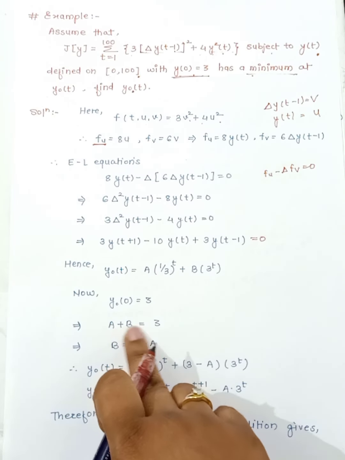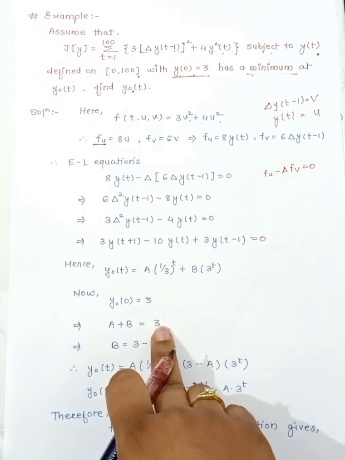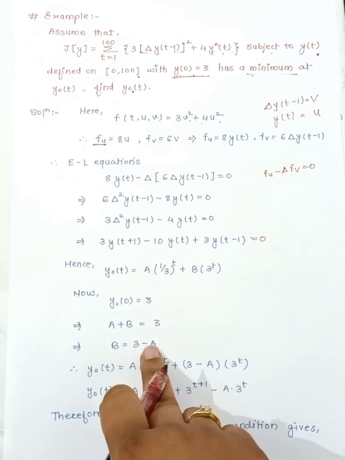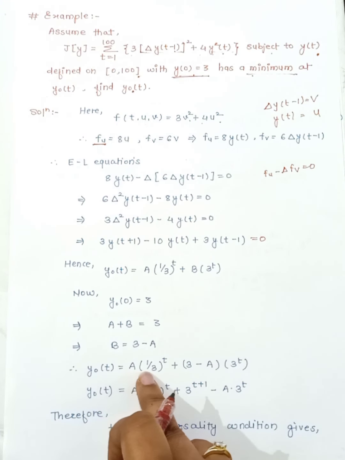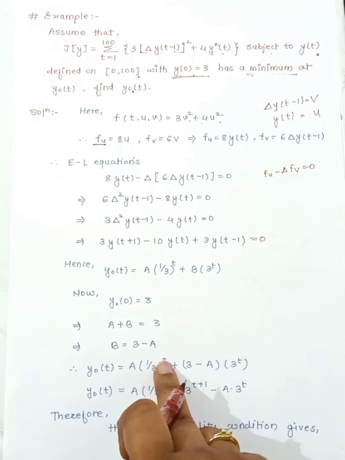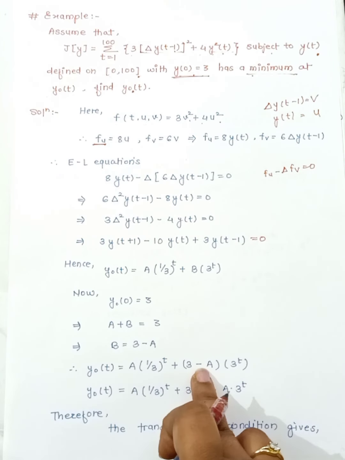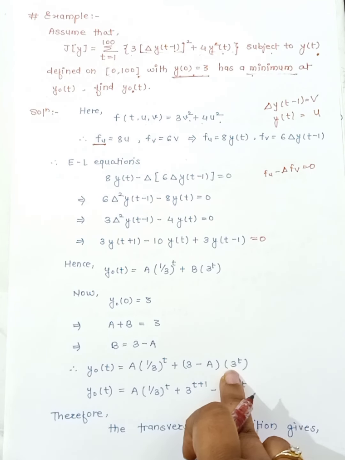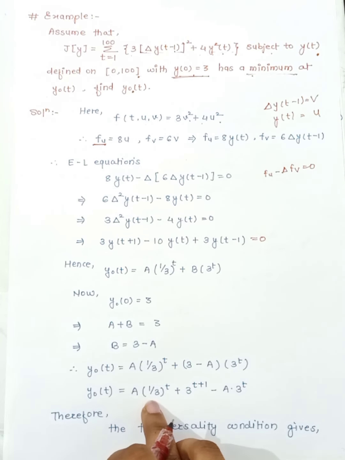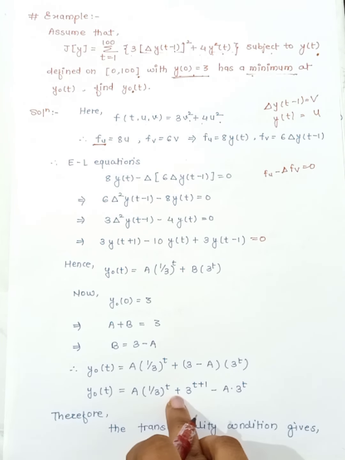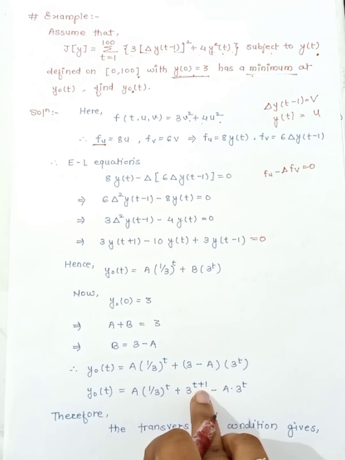So a plus b will be equal to 3. So b equals 3 minus a and therefore y0 of t equals a into 1/3 to the power t and 3 minus a into 3 to the power t. So y0 of t will be a into 1/3 to the power t plus 3 to the power t plus 1 minus a into 3 to the power t.